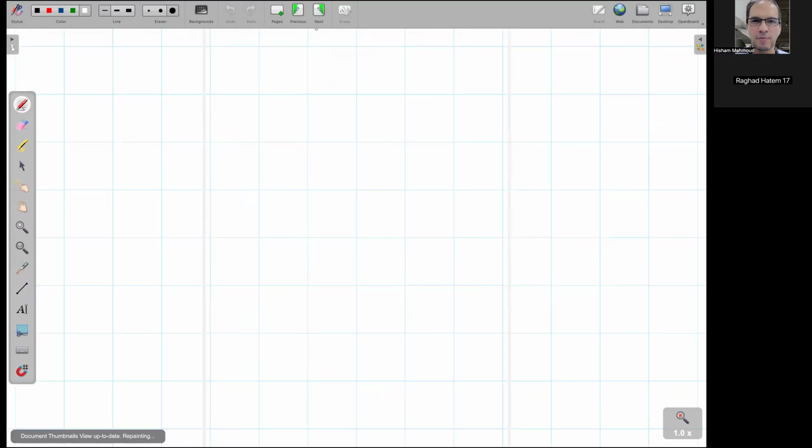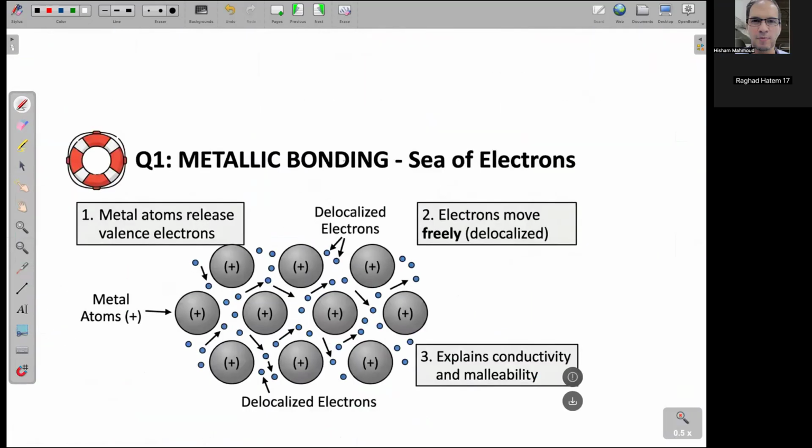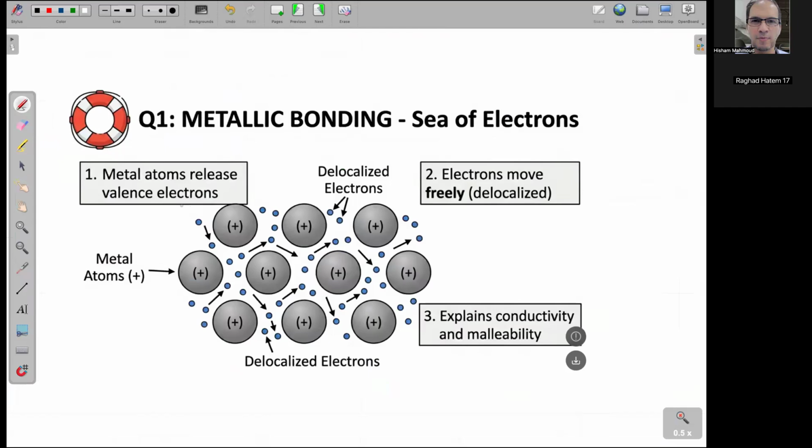So in the metallic bond, we can see that there are metal atoms which lost their valence electrons, so they become positive ions like copper or iron. And then these electrons are moving everywhere. They don't have a fixed place. That's why we call them delocalized or freely moving electrons. These electrons, as we explained, are the reason for most of the properties of the metals.